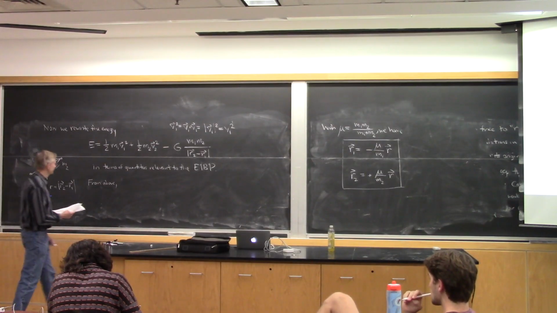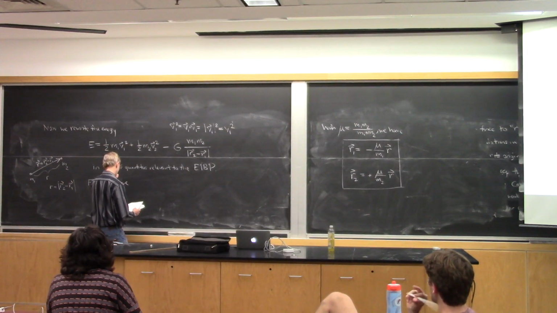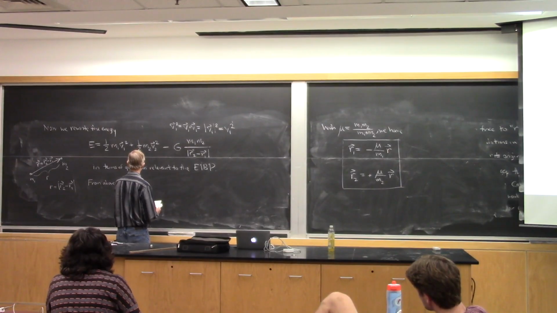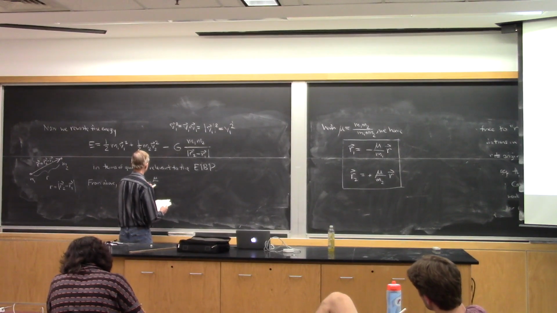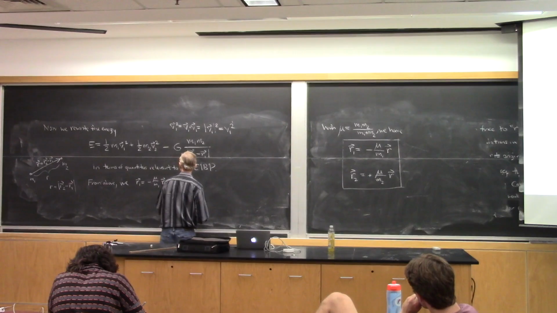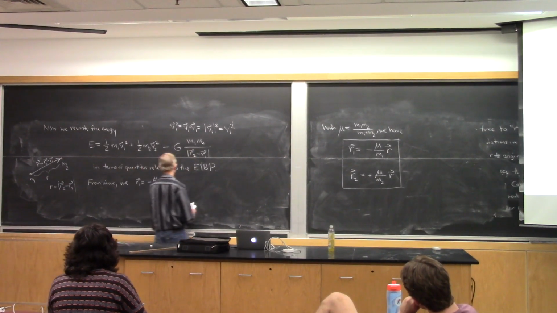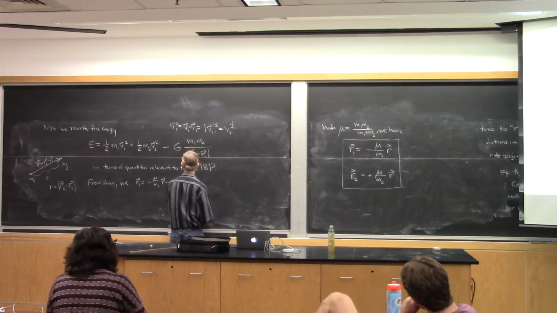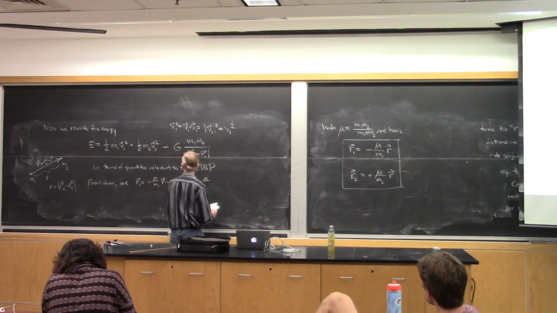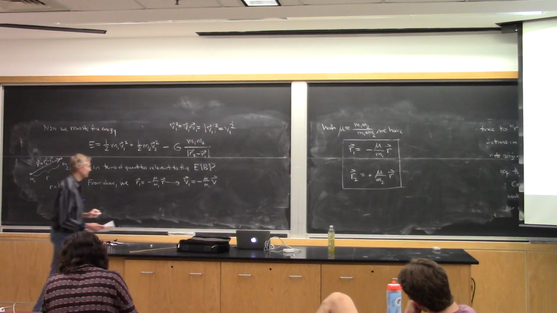From above, remember we said r1 was equal to minus mu over m1 times r. And so taking a time derivative says v1 is equal to minus mu over m1 times v.